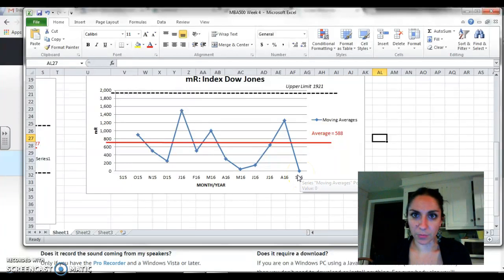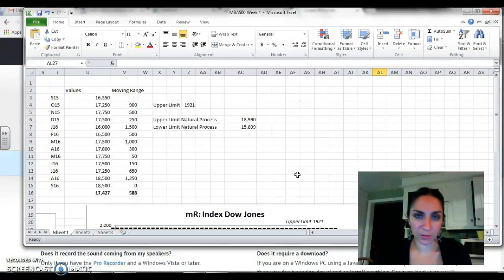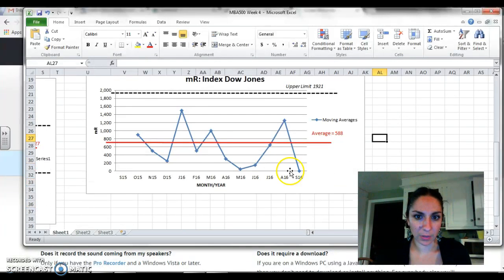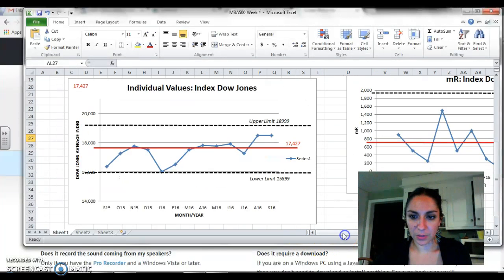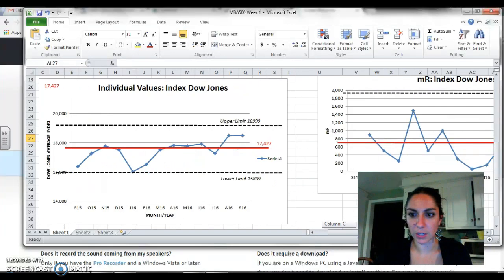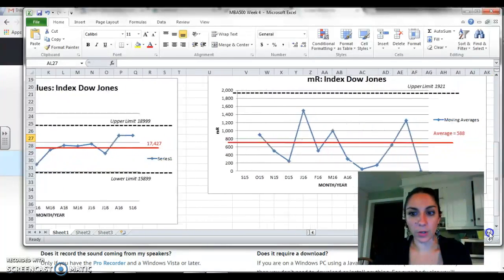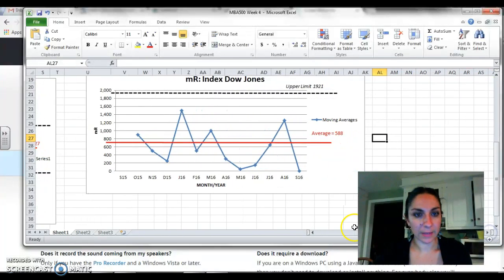I guess I can go beyond and maybe calculate some standard deviations to see how much this is deviating from our average right here. But based on what I know so far, I would say that this is a pretty stable system and doesn't have very much deviation or randomization or signals. That concludes my video.